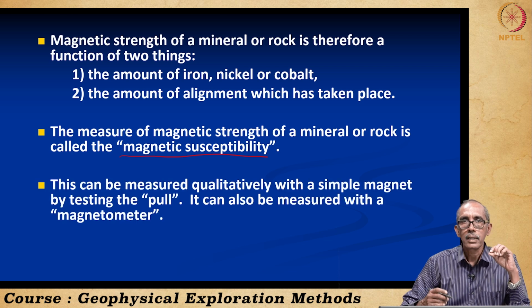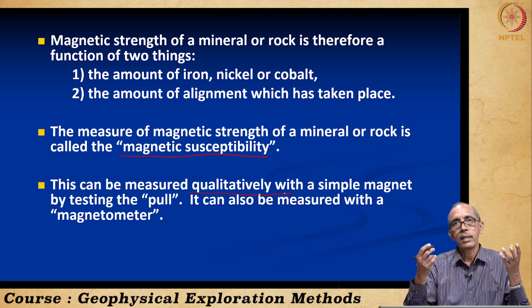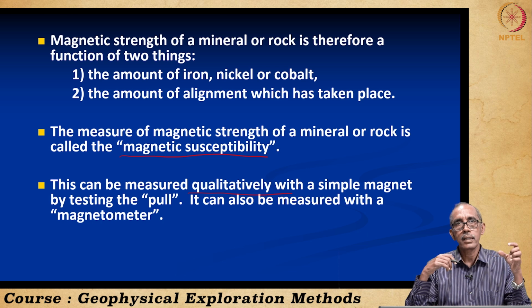This can be measured qualitatively. All of you would have done this qualitatively. You measure the susceptibility by taking a magnet towards a gun pin or a safety pin. If the safety pin has a large amount of iron, the pin quickly gets attracted toward the magnet.